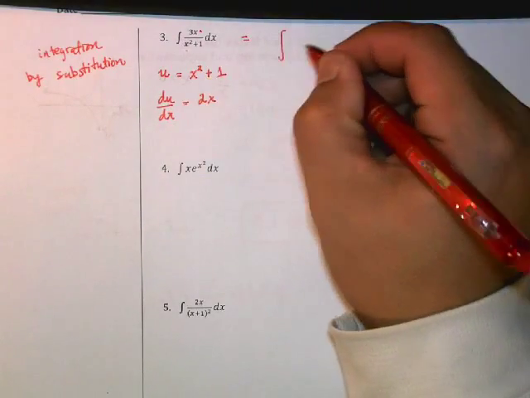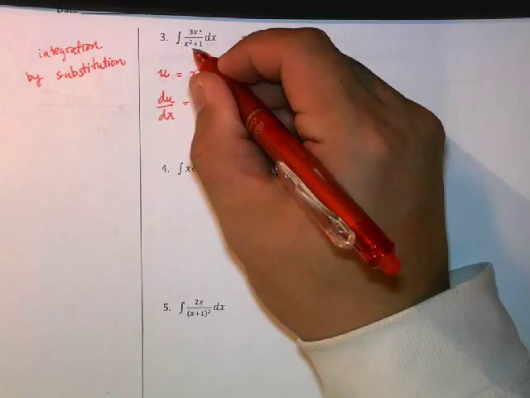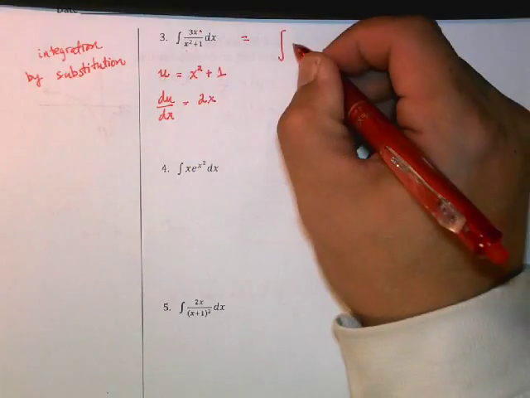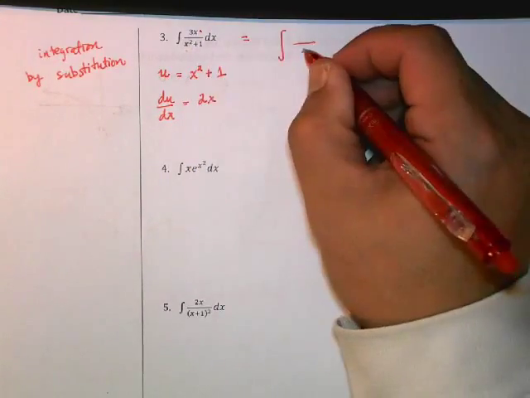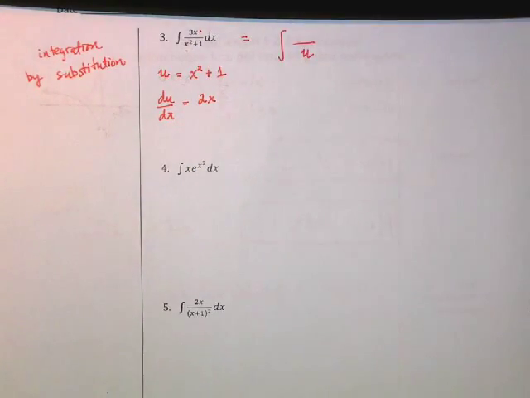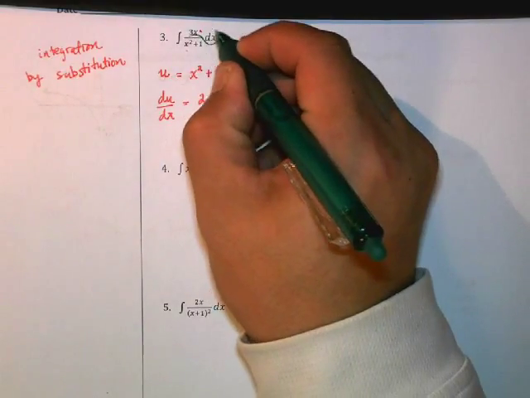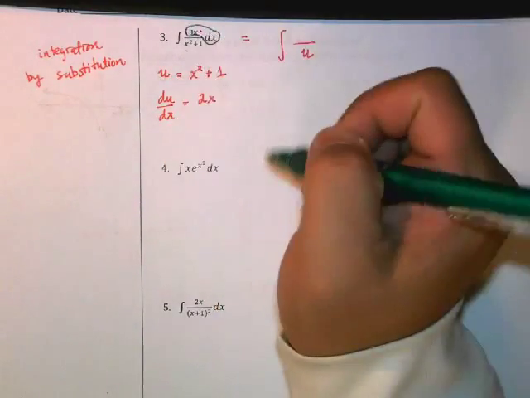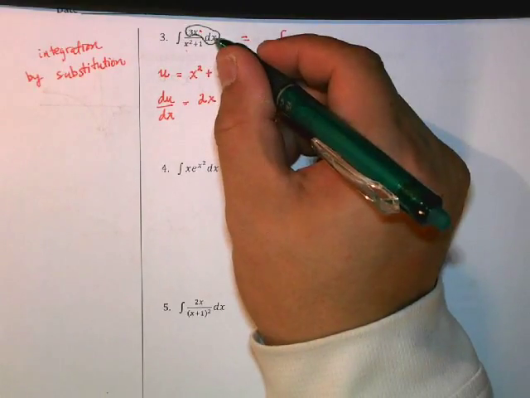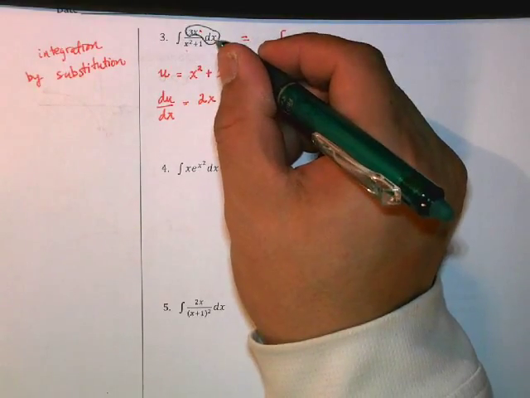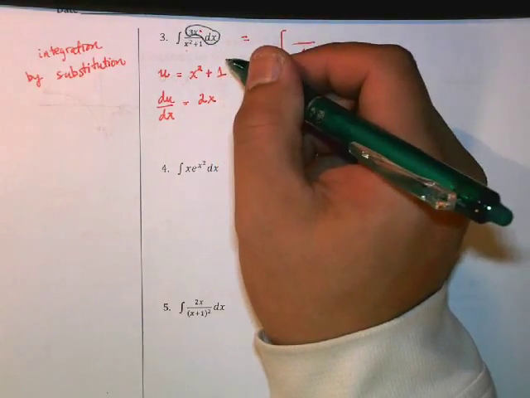Instead of x squared plus 1, we can simply write u. Now in order to get rid of all the x's, you see that we have two x related terms here, 3x and the differential dx.